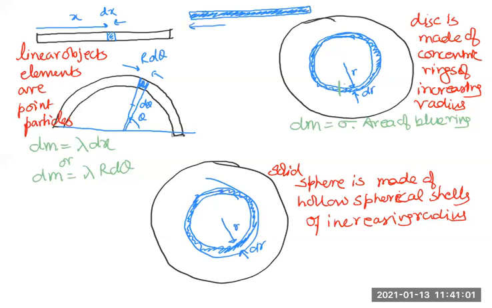What will be the length and the width of the rectangle? The length would be 2 pi r, because it equals the circumference of the circle, and the width would be dr, the thickness of the ring. Therefore dm is equal to sigma 2 pi r dr.